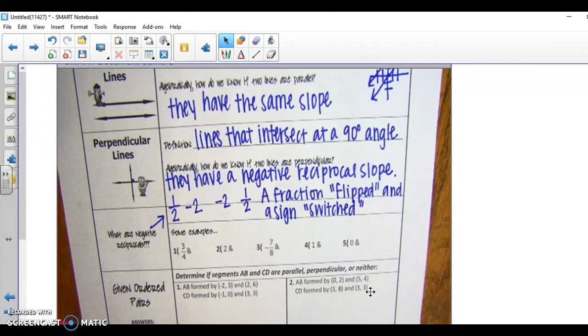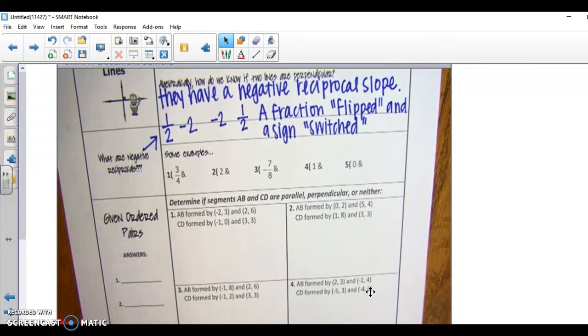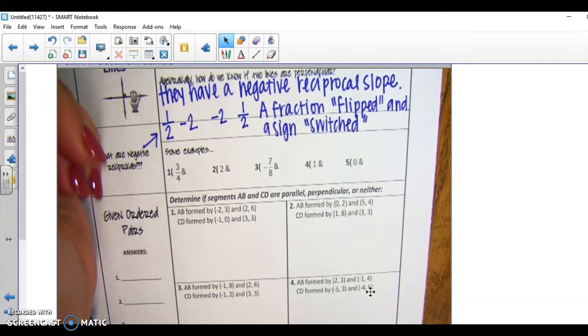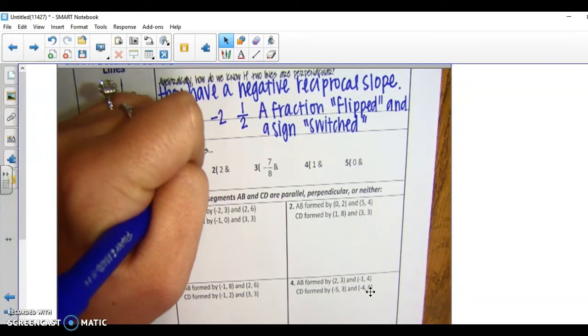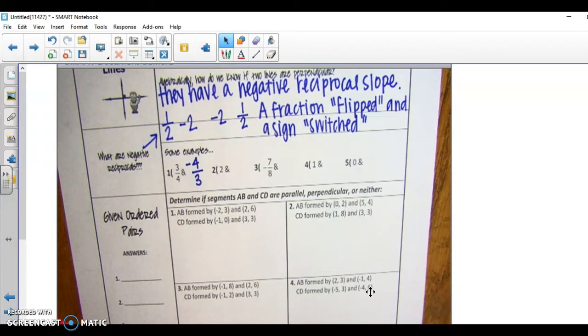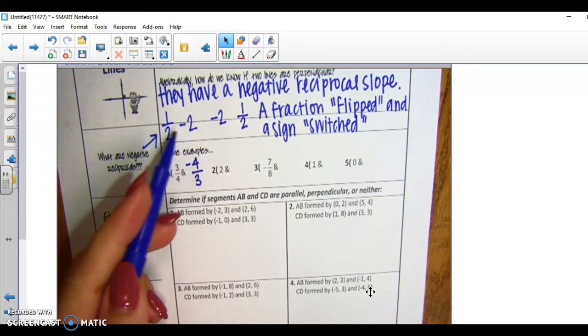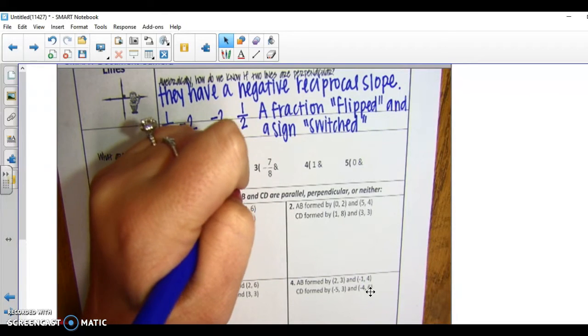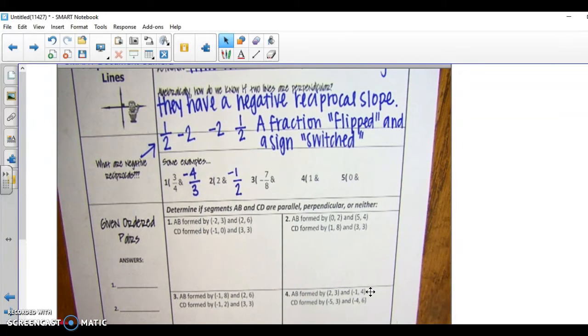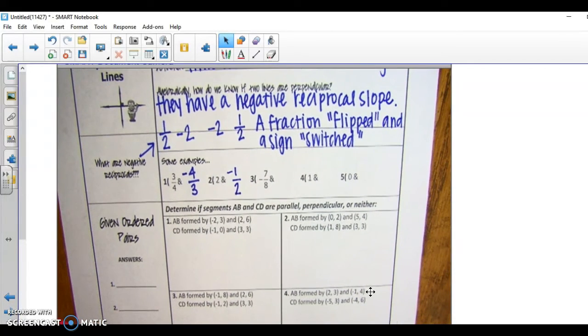Alright, so if we look at our negative reciprocals here, so we can see we have 3/4. So 3/4 we would turn into -4/3. So 2, we already did one up here. 2 would be a -1/2. Alright, and I will let you guys do the rest, but I will point out one here.